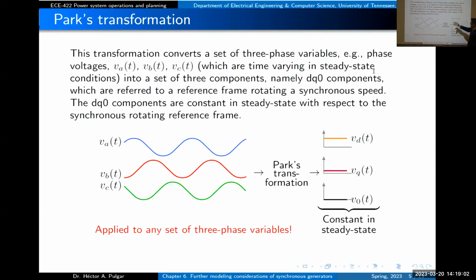And for the Q, the same. But the main advantage is that when this machine is in a steady state, these signals are going to be constant. And that has a lot of value for simplification. Instead of dealing with something that is changing in time, you will deal with something that is constant in a steady state. So that's the main simplification.